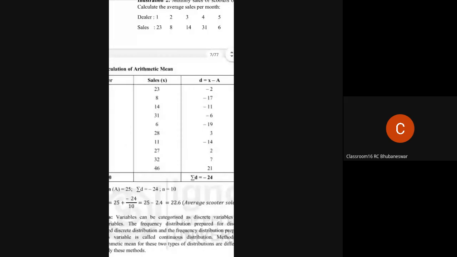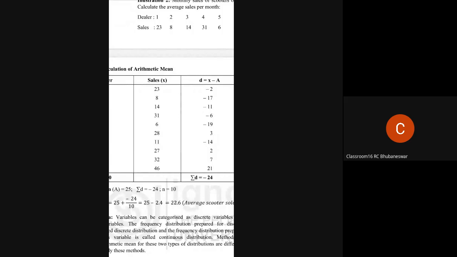Okay. x minus 25, the above formula is given here, you see. So 25 minus 25, 23 minus 25, 2 minus 25. Similarly, 8 minus 25, 14 minus 25, 31 minus 25.